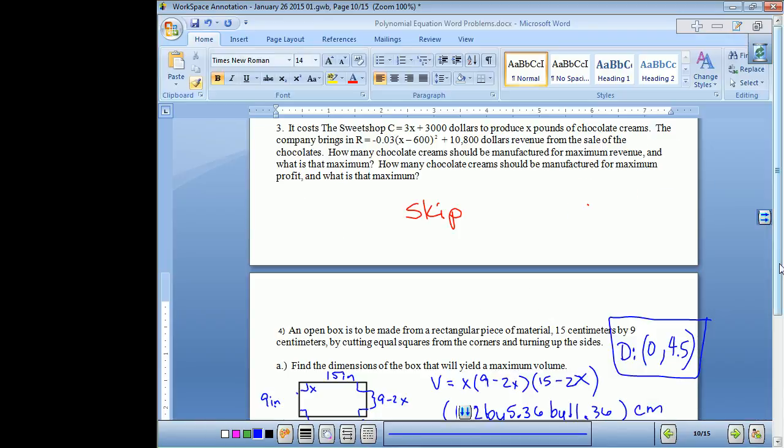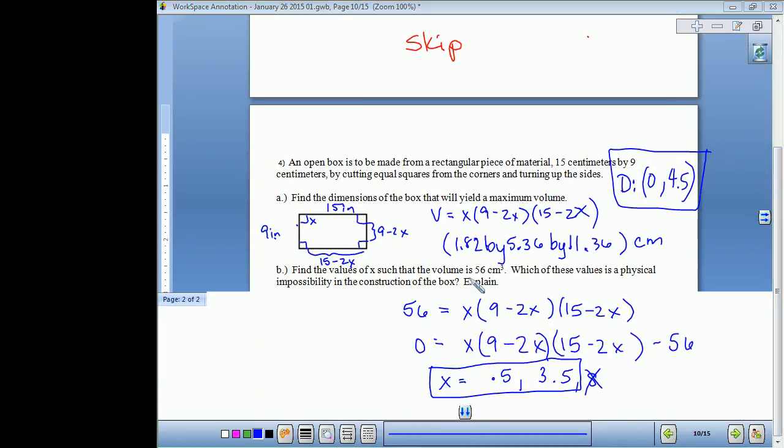Okay, now, how would this problem change if they told us what they wanted it to equal? Well, we just set it equal to that. We already had this part typed into our calculator just a second ago. All we do is minus 56 and look for our zeros. Now, once again, the only zeros that matter are those that fall within the reasonable domain.